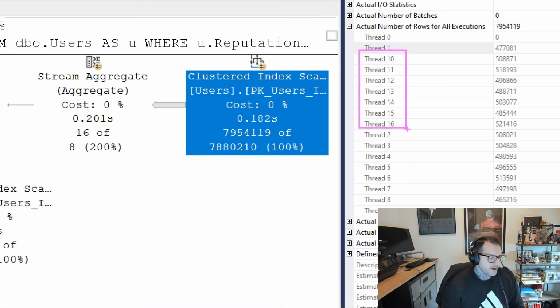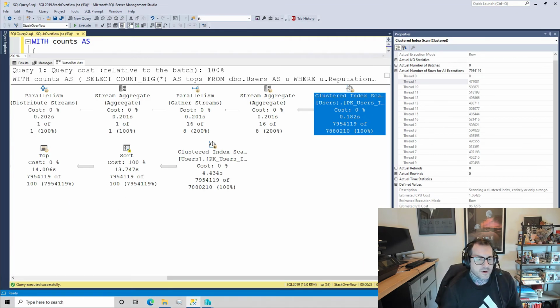Anyway, if you're the type of person who doesn't like the way that looks, thinks that looks foolish, I have a user voice item that you can vote on. You can express your contempt and disdain for the current state of sorting parallel threads above 9, I guess, in SQL Server Management Studio.